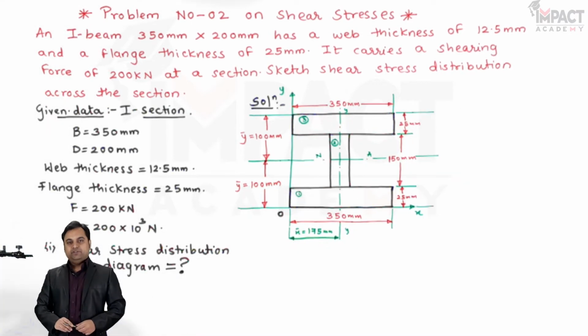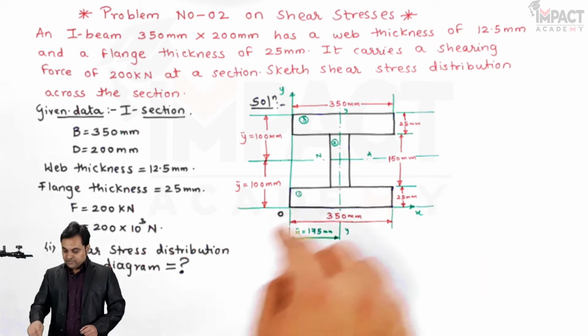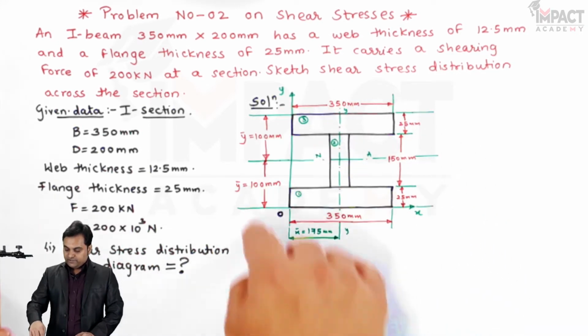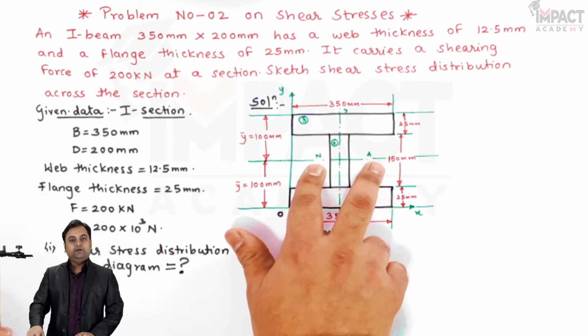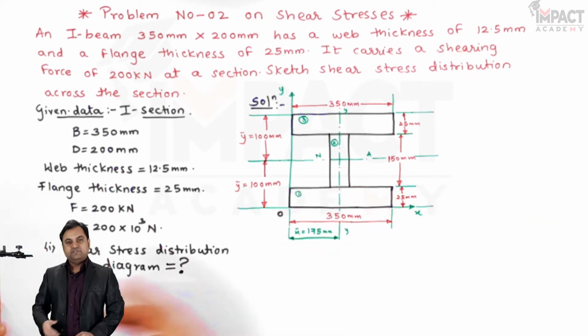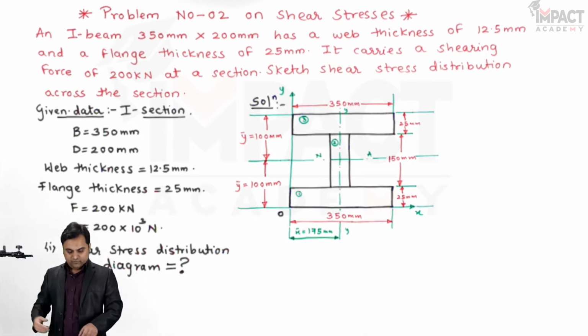This is one of the methods. Another method you could have used here is we can take the outer rectangle and from that subtract the moment of inertia of these two smaller rectangles. That would also give us the same value of moment of inertia. So whichever is convenient for us, we can move further into the problem by using that method.